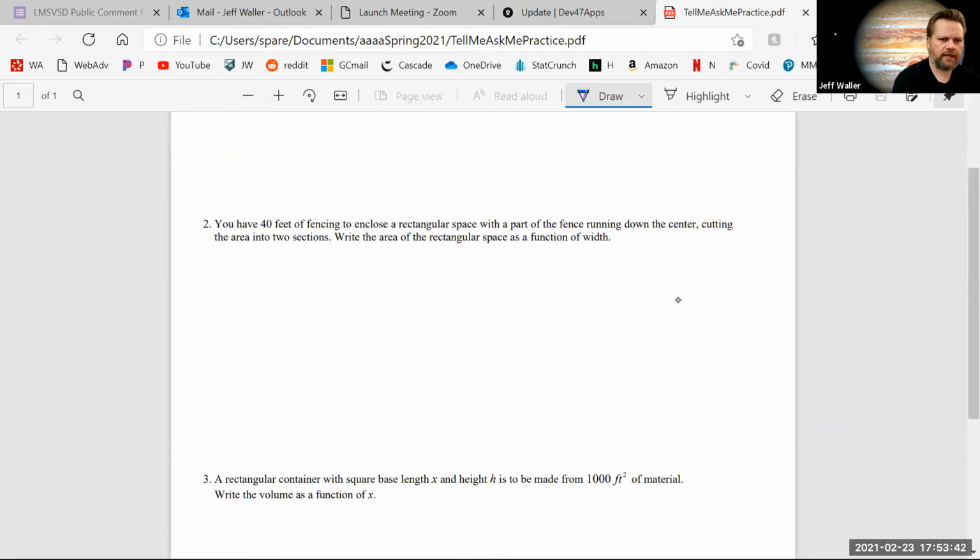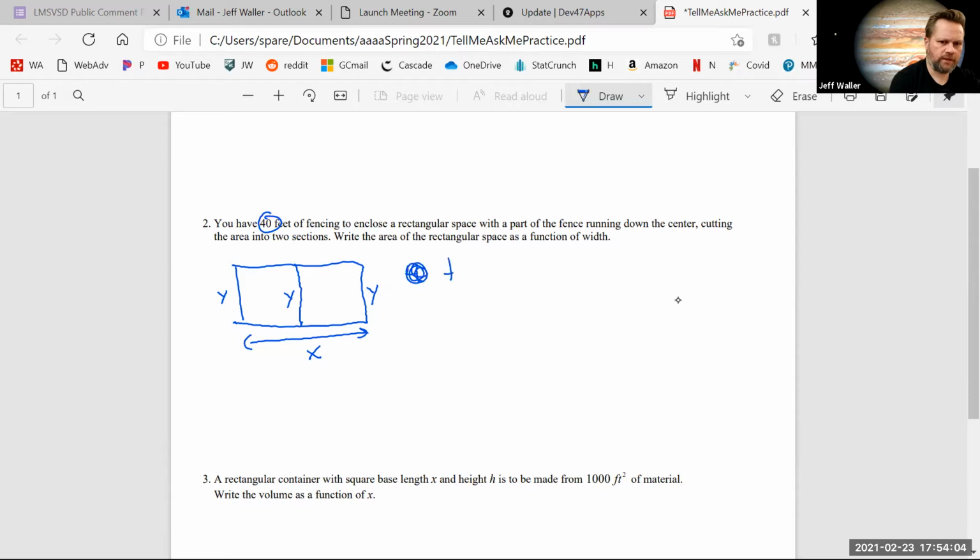So what's different in number 2? Number 2 is kind of like the one we did earlier in the book. This time I've got a piece of fencing running down the middle. So if I call this Y, then this is Y and this is Y, and I can call this whole thing X. So this time the 40 feet goes into what?